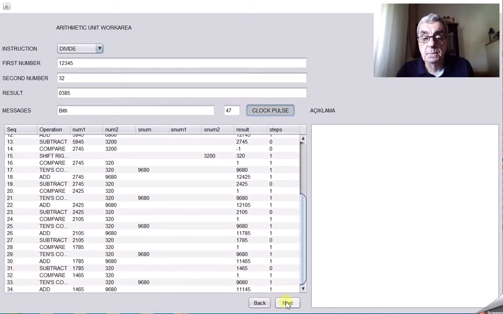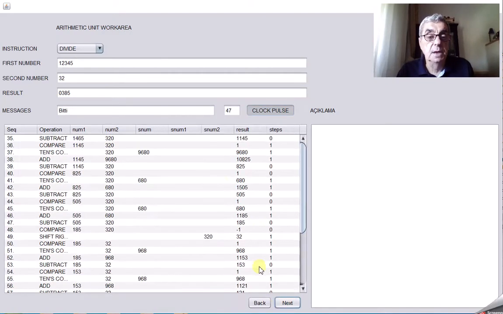And we go to the next screen. We will see that here it ends. 320 is greater than 185. Therefore, this is 8 times the value. So since it is 8 times, we go to the next digit.